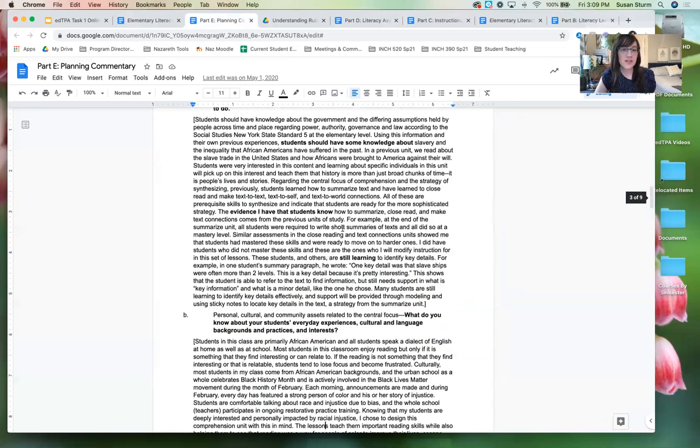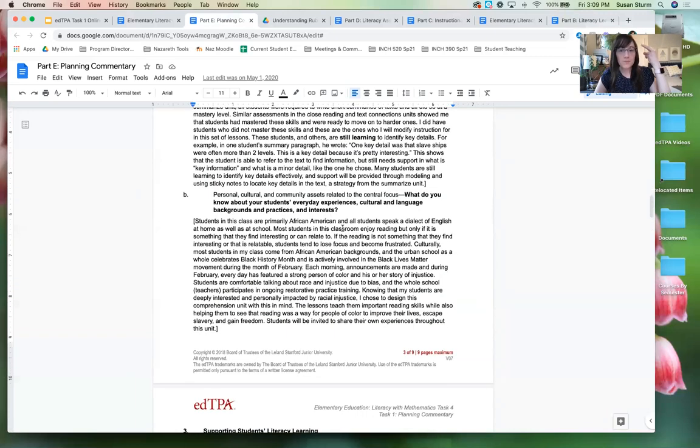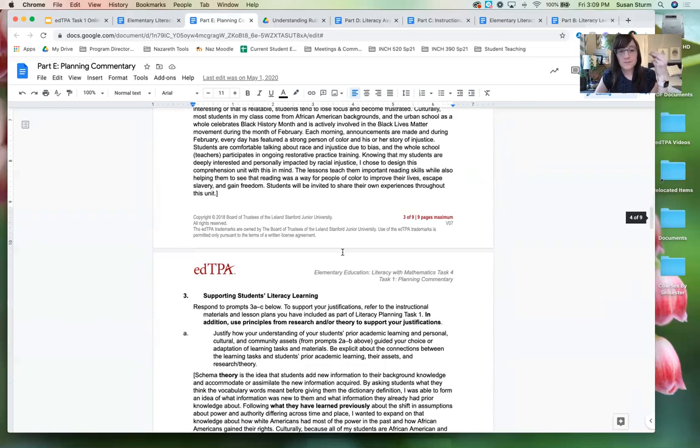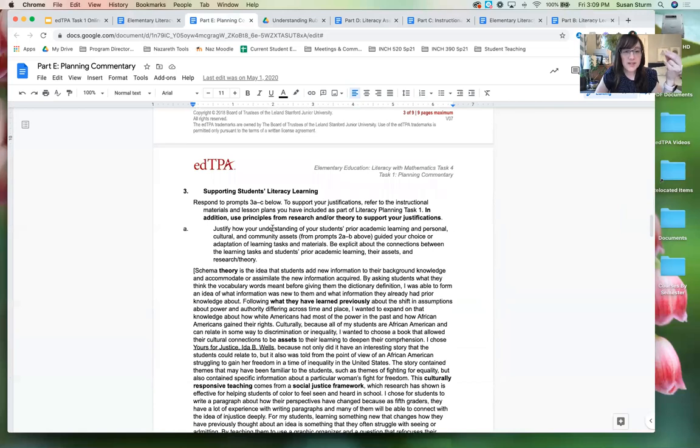Okay, so we've got a sense of what the students learned, what their cultural, personal, and community assets and backgrounds are. Prompt 3 asks you to respond to support your justifications and refer to your instructional materials and lesson plans and use principles from research and theory to support your justifications of how you understand your students' prior knowledge, the things that you just described, and their personal backgrounds, the things that you just described from 2A and B, how this guided your choice or your adaptation of learning tasks and materials.